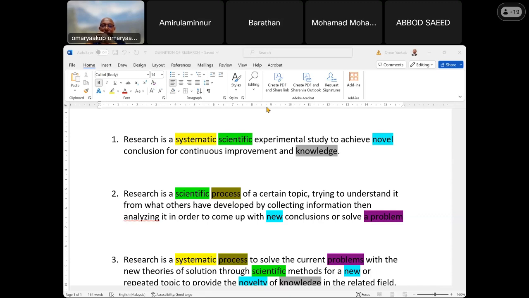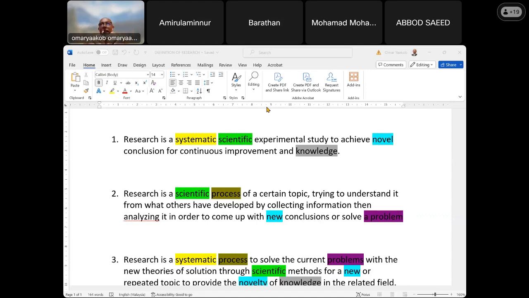And not necessarily science and technology. What I mean is that when you say scientific, it means you are based on observation, based on measurement, and finally you analyze and get the conclusion. So that is what you call scientific, right? Is that correct? Yeah.